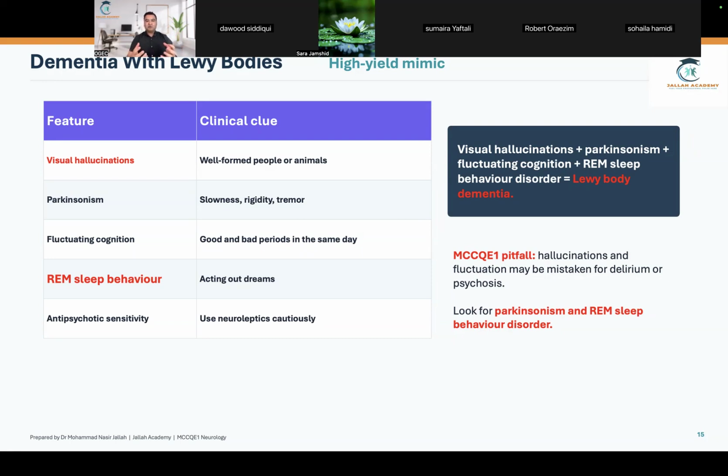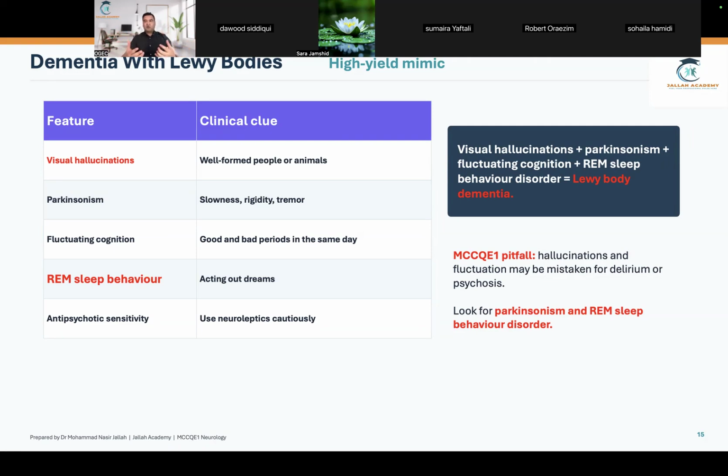So dementia with Lewy body is a combo of dementia, psychosis, and Parkinsonism. Another thing about dementia with Lewy body is fluctuation. Fluctuation means the patient is 1 day good, next day bad. Today he knows everybody, the next day he doesn't know anyone.